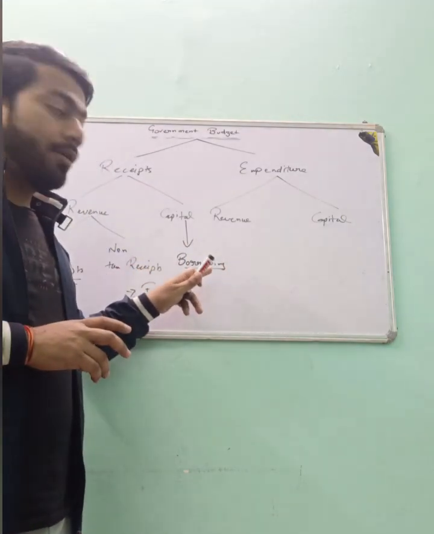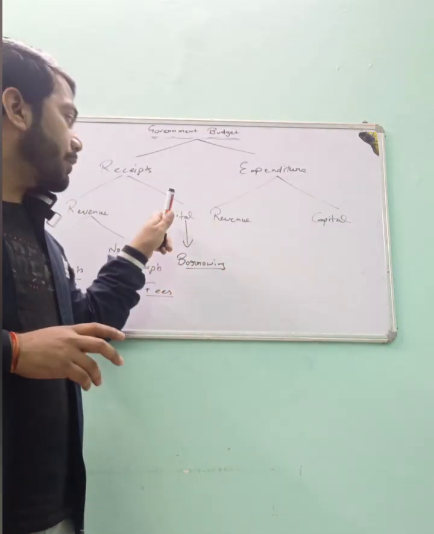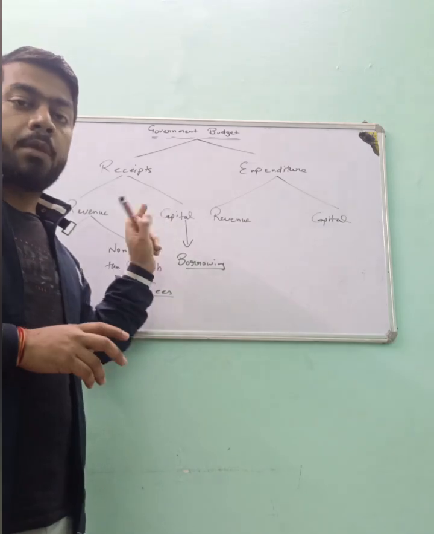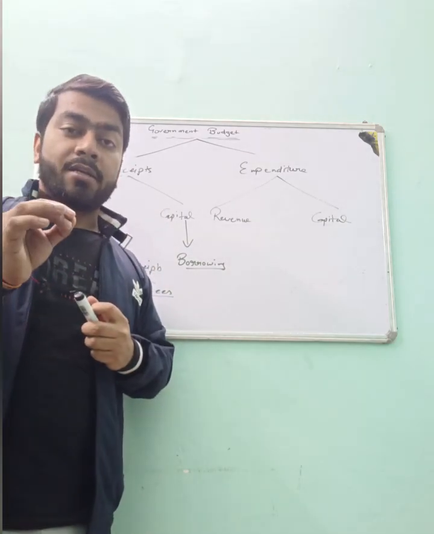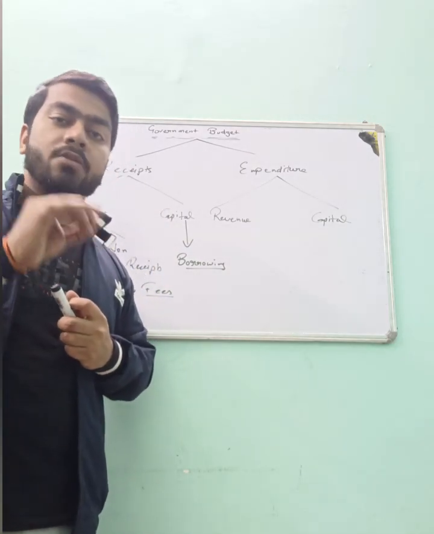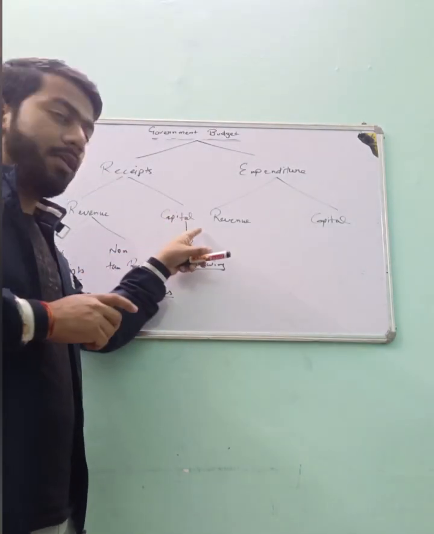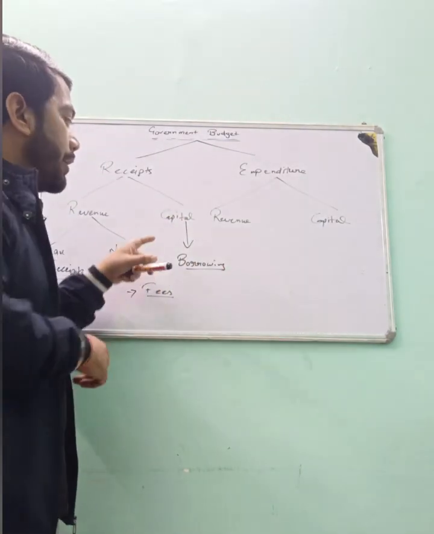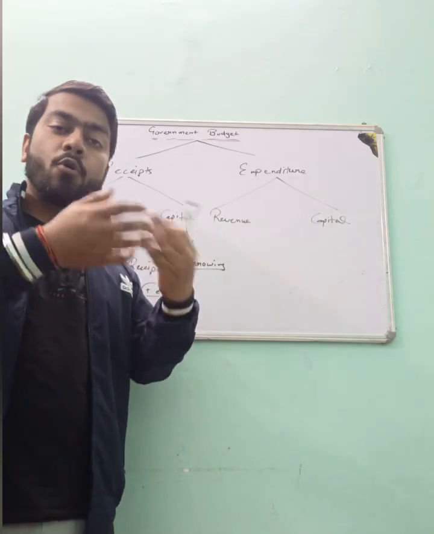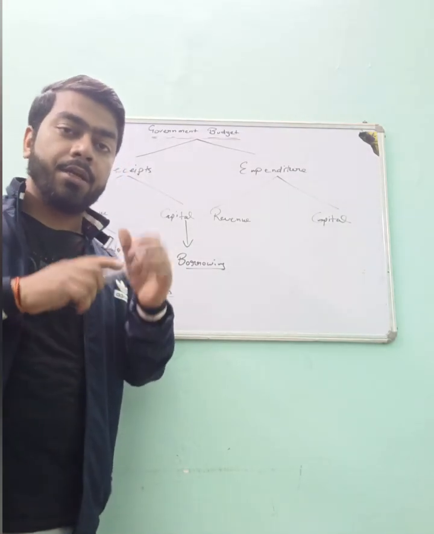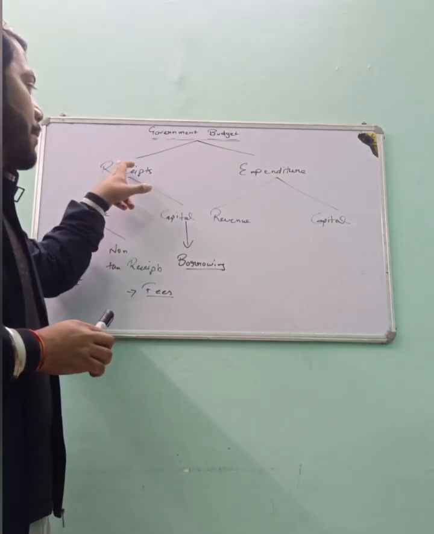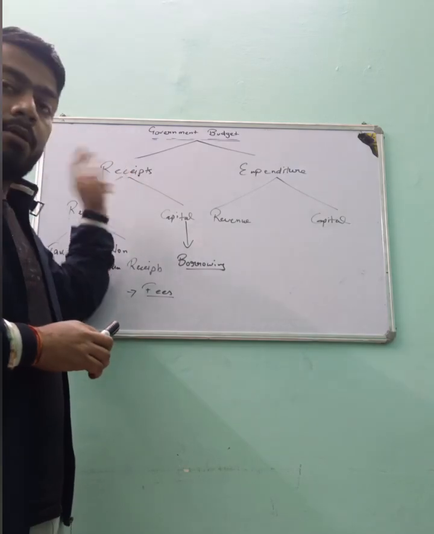That's why we have covered borrowings under capital receipts, because all those items which affect balances of assets and liabilities form part of capital nature transaction. So if we have borrowed some money from another country, it will form part of capital receipt.